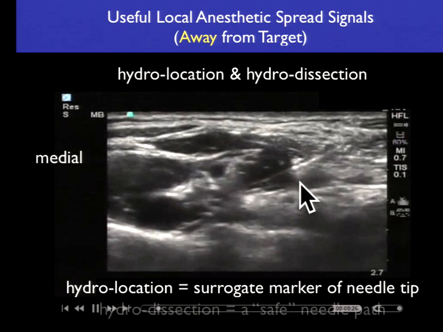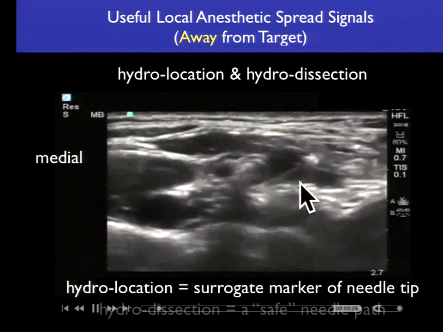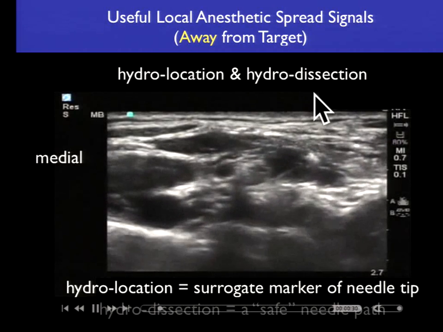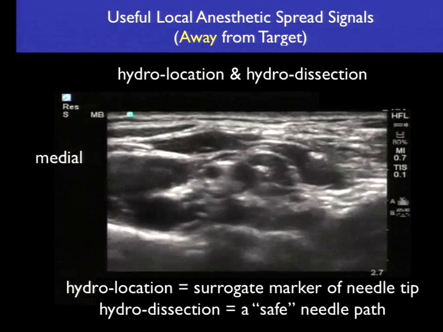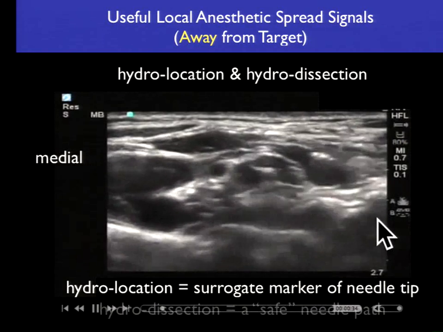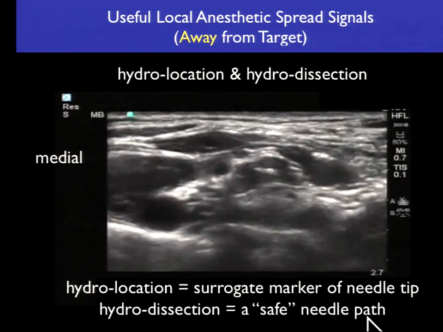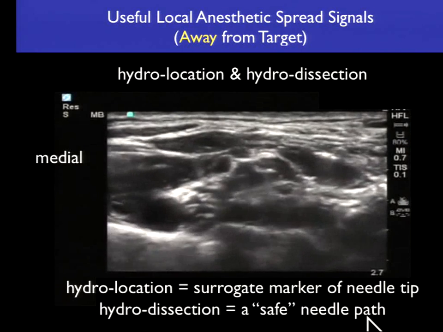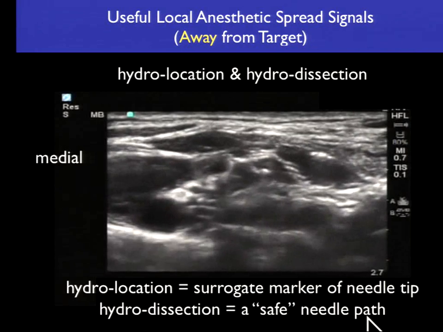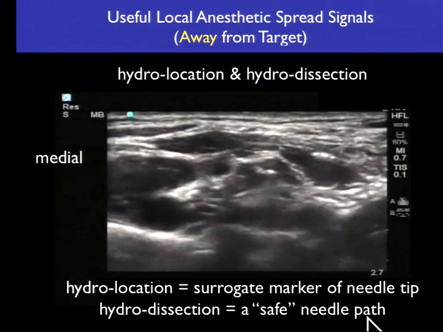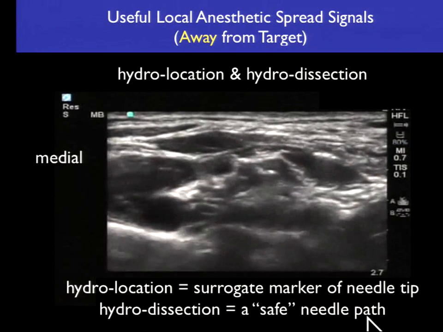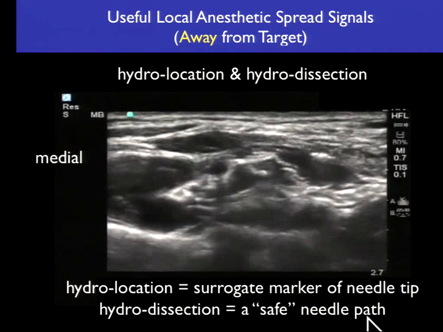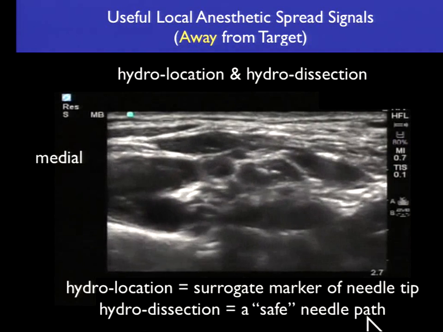The local anesthetic spread in the tissue tells you approximately where the needle tip is, whether it's in-plane technique or out-of-plane. But it's not 100% precise because the needle tip can be already a bit deeper than where you see the tissue spread. So when you see a spread, what I usually do is I take my time to scan a little bit more distally to check for the needle tip.